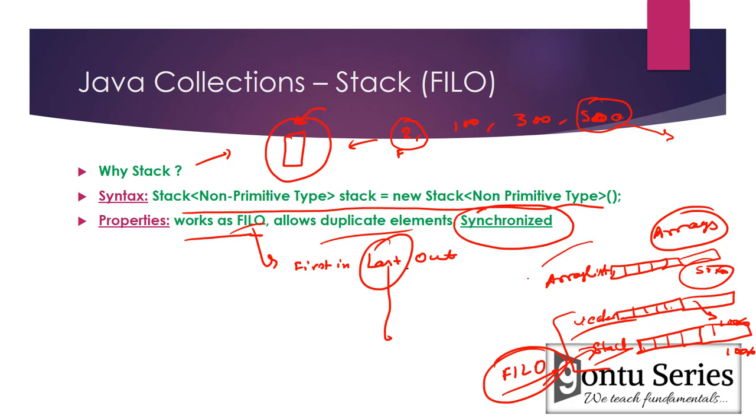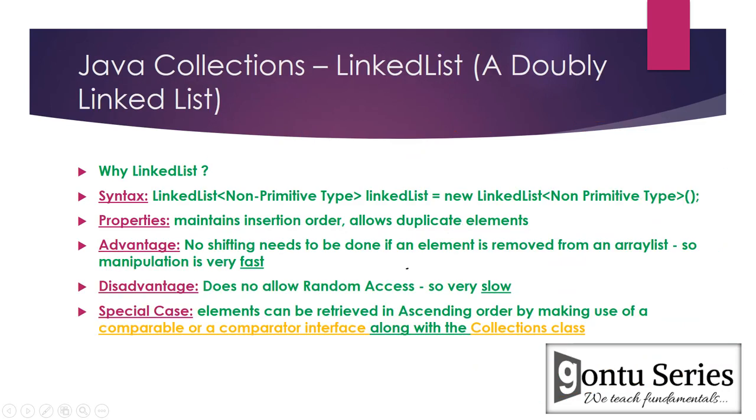Alright, so this is what you have to understand for an array list, for a vector, and for a stack. Now what is next? Well, next is something called a linked list. Now what is the linked list concept?